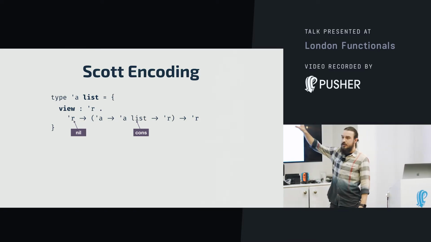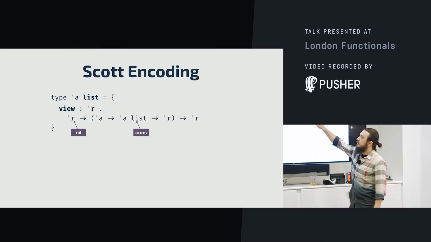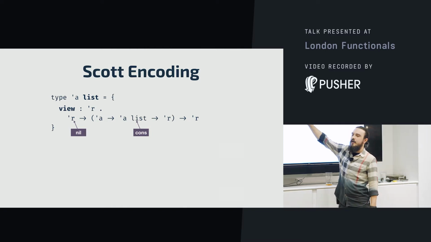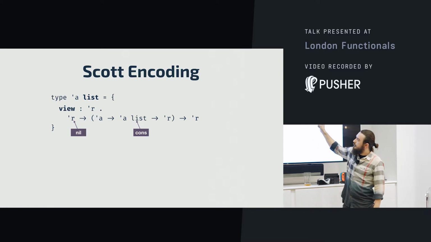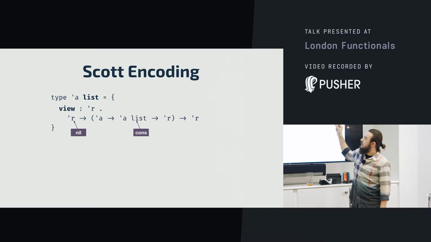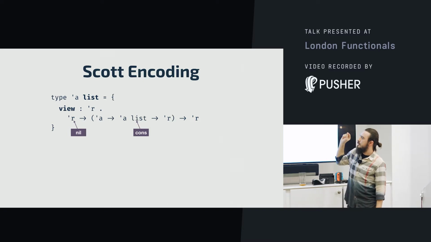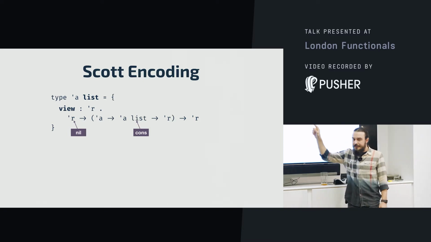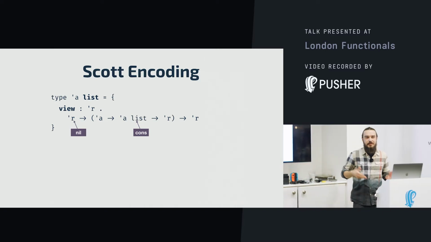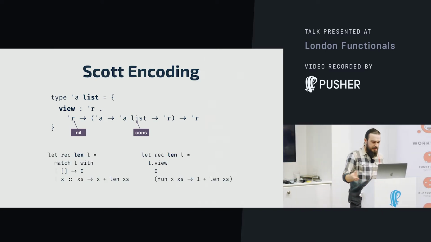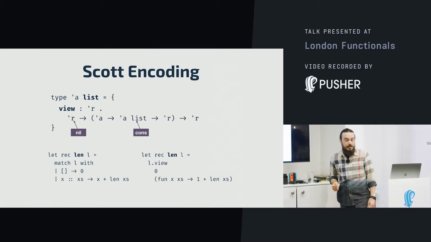The reason I'm using a struct, by the way, is because we need, or at least prefer, this R type, the result type of this whole thing, to be a universal type. And then this view function accepts two arguments, R for the nil case and cons for the non-nil case, I guess, for when you have the elements. And it's easier to understand with an example.